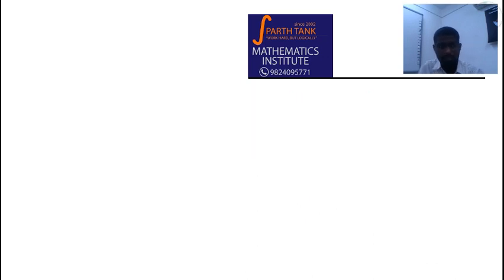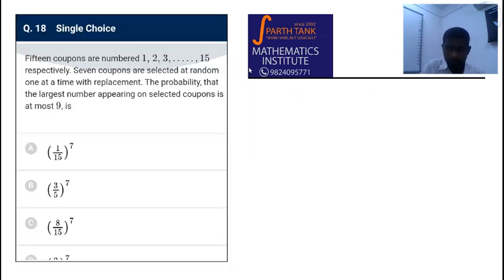Okay, question number 18. 15 coupons are numbered 1, 2, 3 up to 15 respectively. 7 coupons are selected at random, one at a time with replacement. You pick something and put it back.